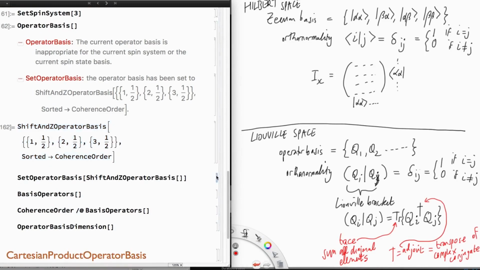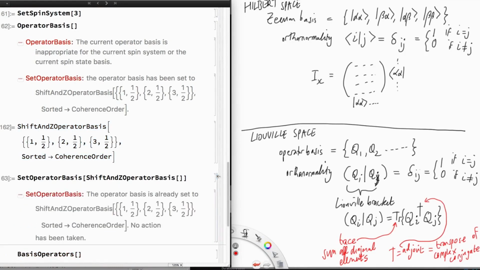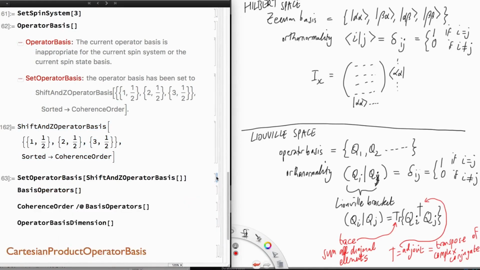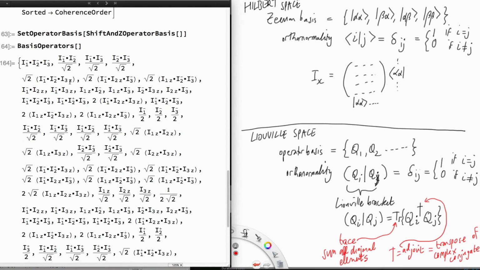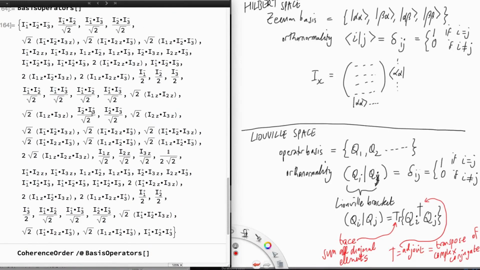So let's just have a look and see what that is. The operators which form that operator basis look like this. You can see a whole bunch of product operators with I minus operators. The first one is I1 minus, I2 minus, I3 minus. And then there's a whole bunch of other operators coming in here with some Z operators appearing. I1Z, I2 minus, and so on.